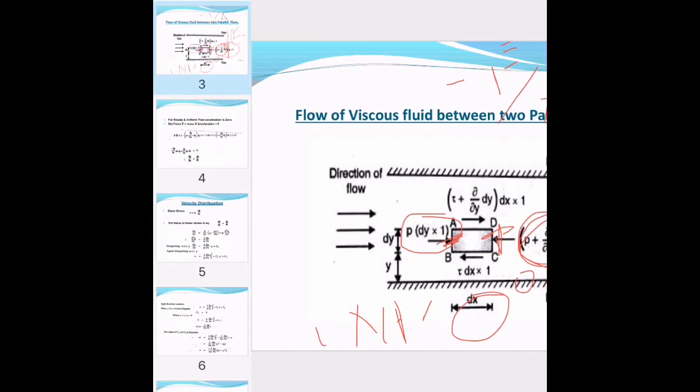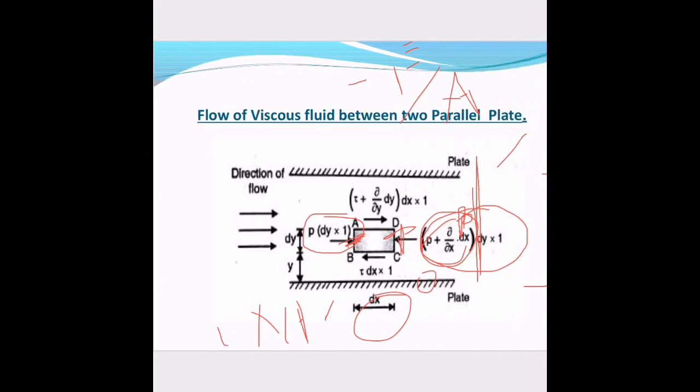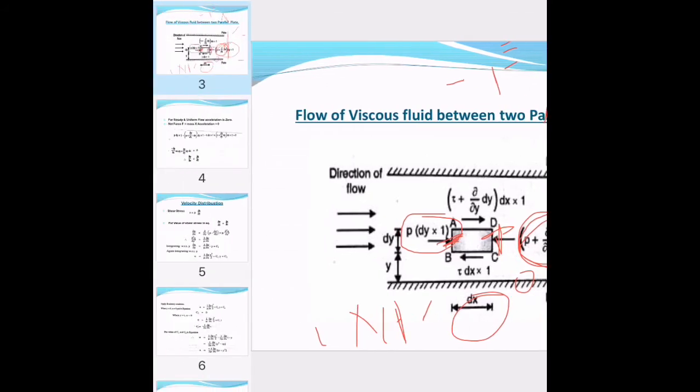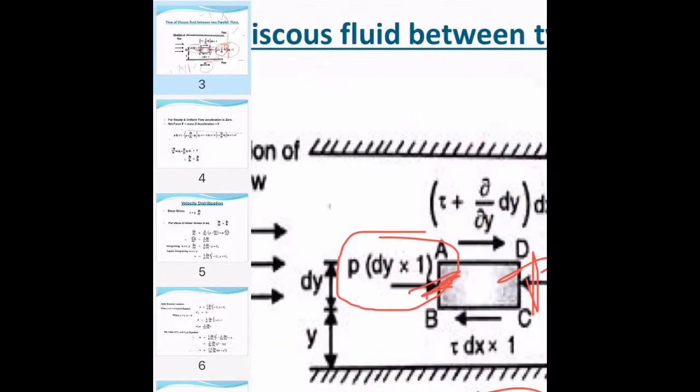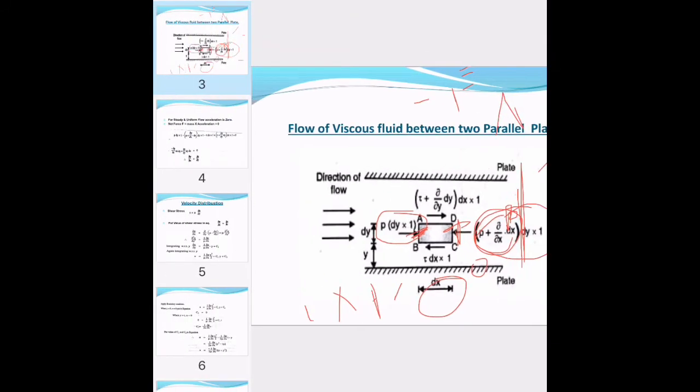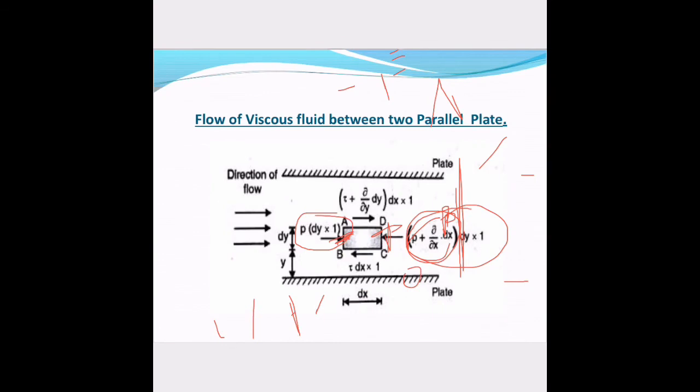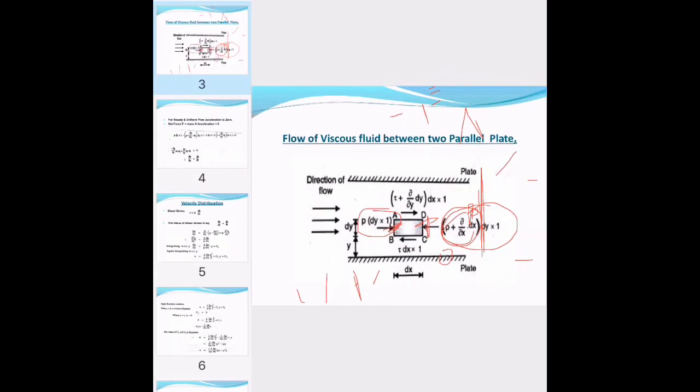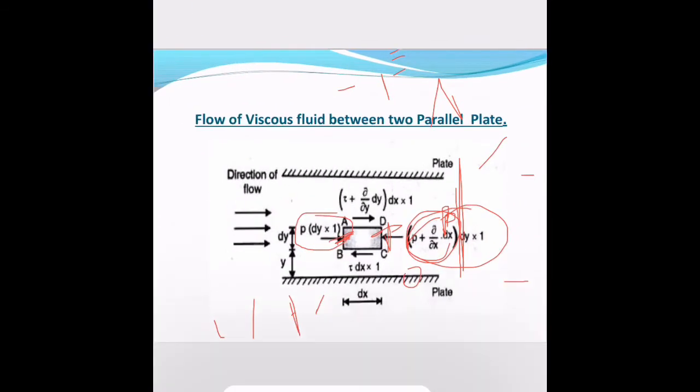Is it clear to you? Okay, so what will happen if these forces act on the element? The resultant of the forces will be 0 because there will be no acceleration in the direction of flow, and we know for steady and laminar flow there is steady and uniform flow, there is no acceleration.